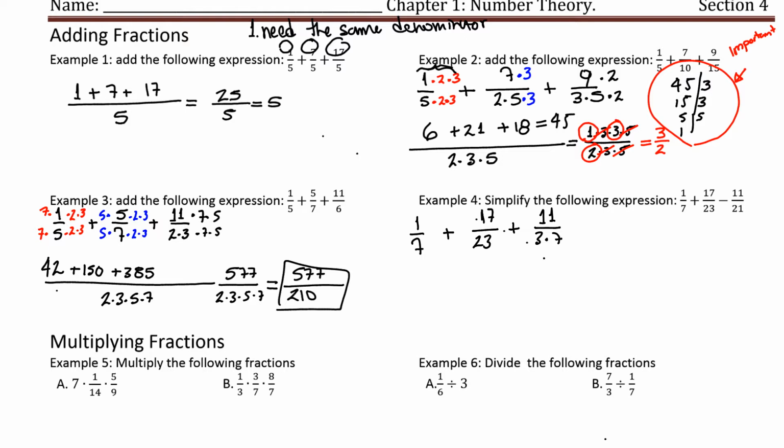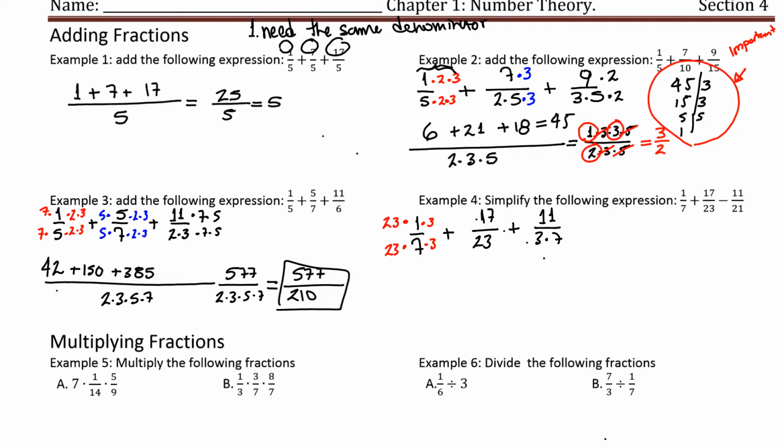Now, we have to multiply both the top and the bottom by numbers from the other denominators that the first, second, and third fraction are missing. What I mean by that is, let's say, for example, 1 over 7. 1 over 7 is missing 23 from the second fraction, and it's missing 3 from the third. So we need to multiply by 23, the denominator of the second fraction, and 3, part of the denominator of the third fraction.